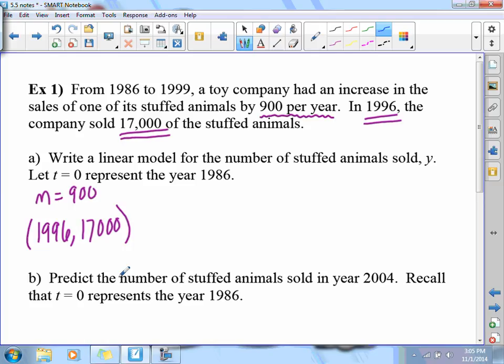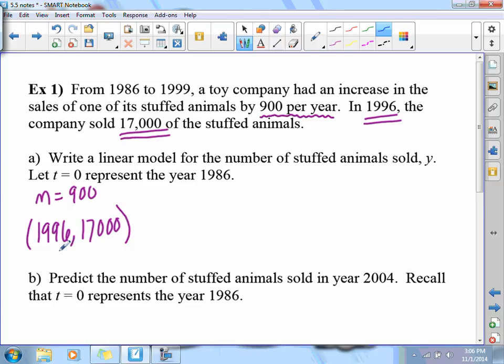Okay. But in part A, they said let t equals 0 represent the year 1986. So that's telling you how they want you to count the amount of time that's gone by. So we don't want to do 1996 as part of our ordered pair for our x value, because that's going to look like it's been 1,996 years that this factory's been open.